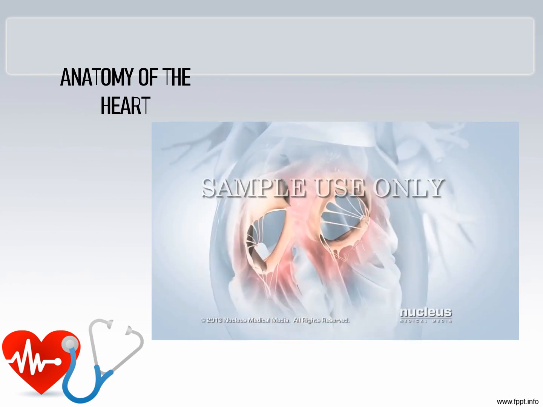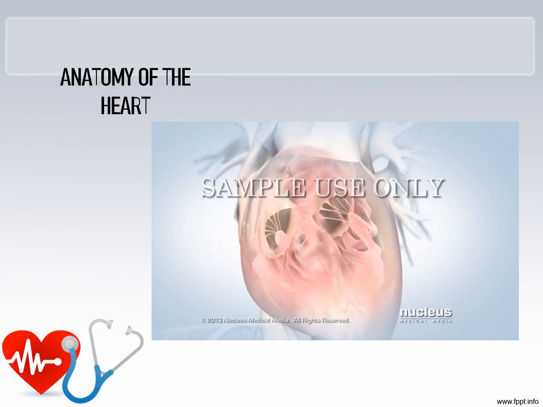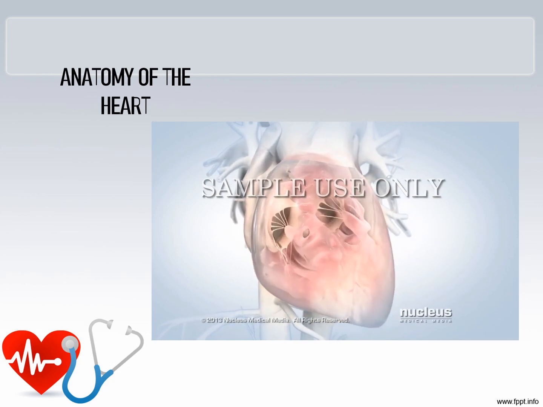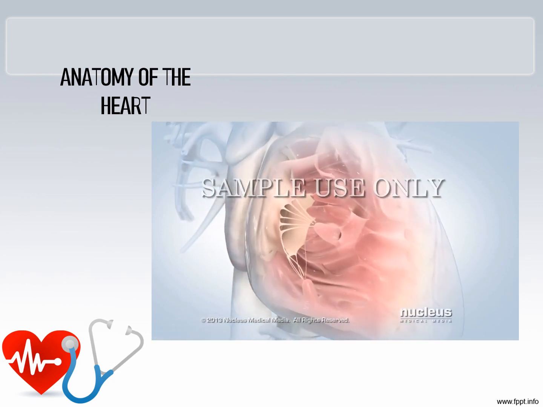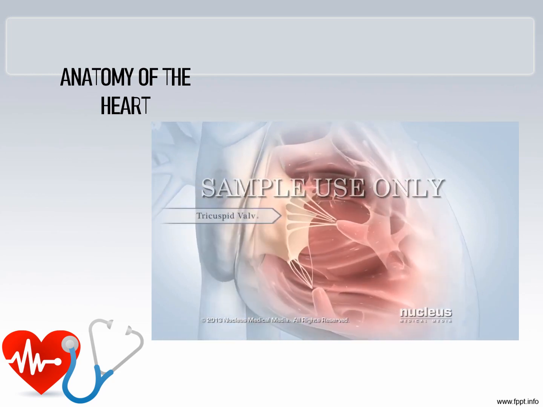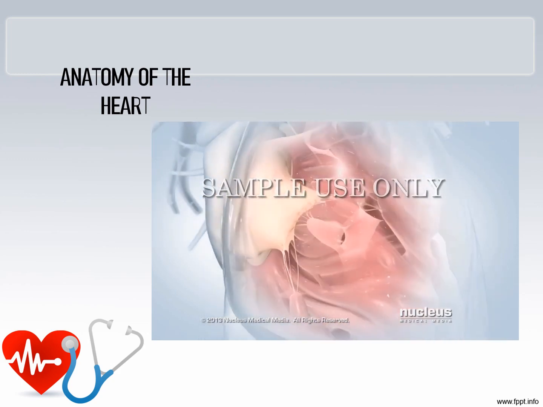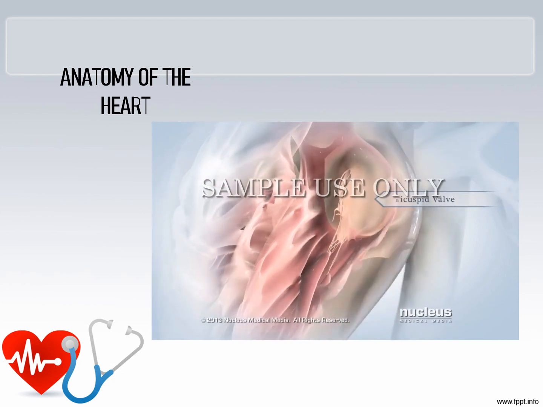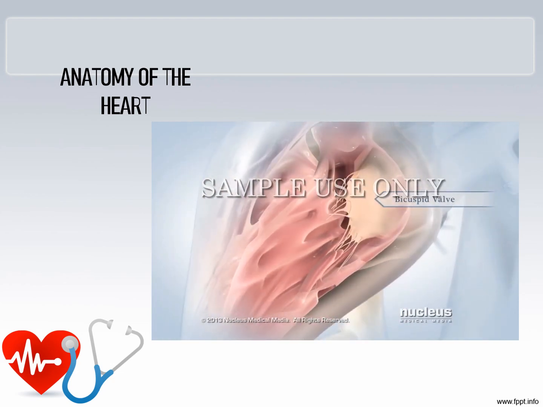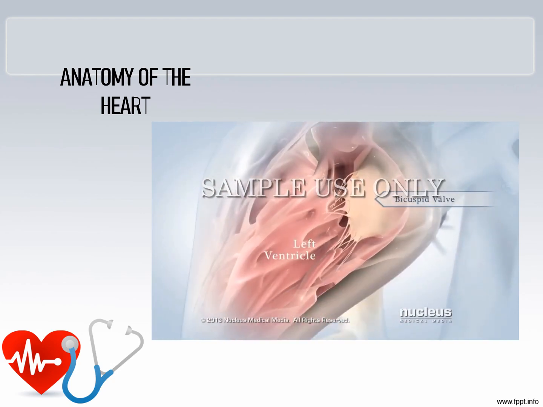Two valves sit like doors between your atria and ventricles to prevent blood from flowing backward into your atria. The tricuspid valve opens into your right ventricle, and the bicuspid valve, also known as the mitral valve, opens into your left ventricle.